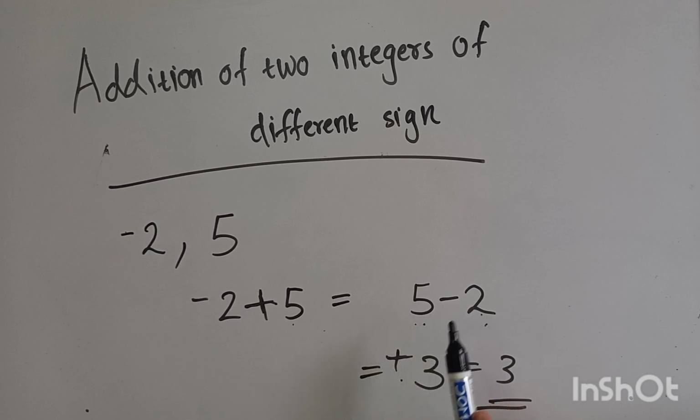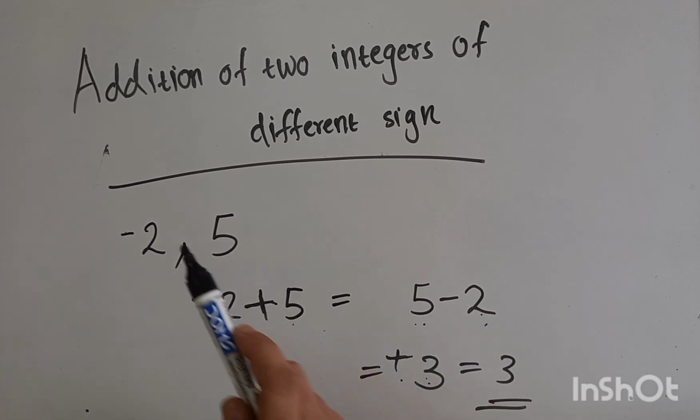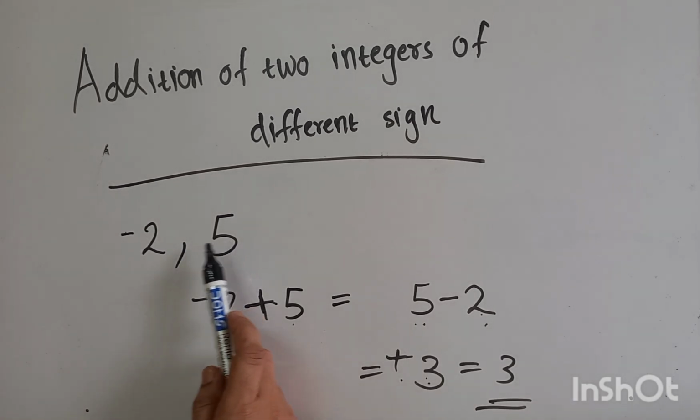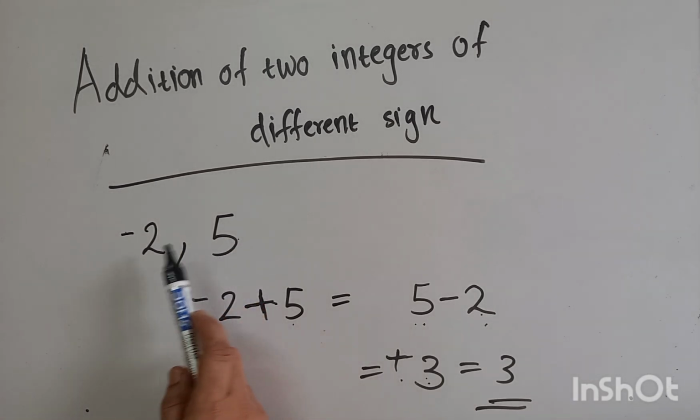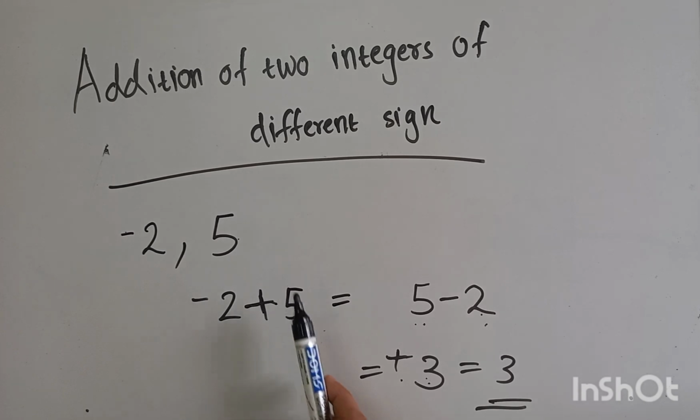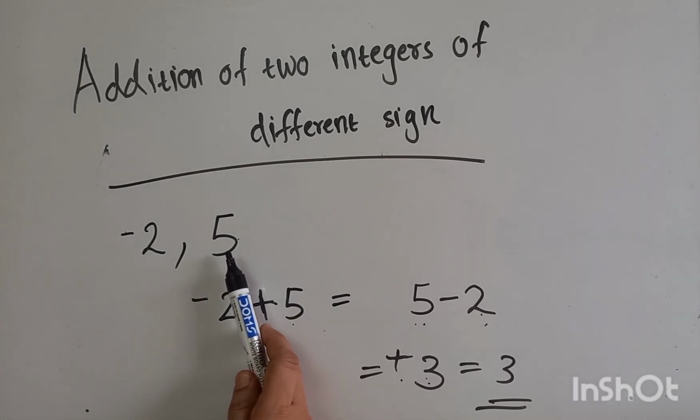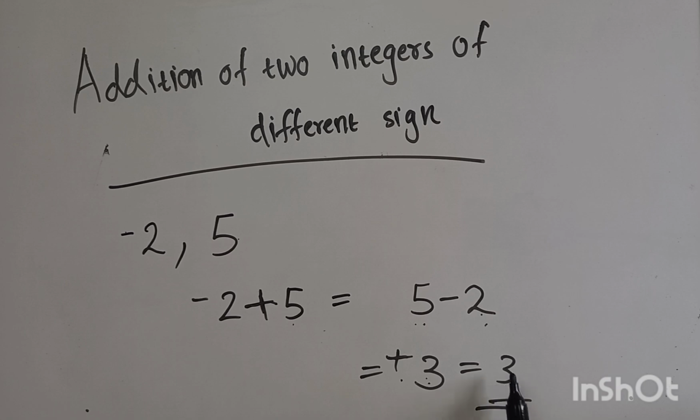So 5 minus 2, the answer will be 3. Then put the sign by checking the signs of the given numbers. In negative 2 and 5, the sign of 5 is positive, and it is the greater number. If the greater number is positive, the answer will be positive. So the answer is positive 3.